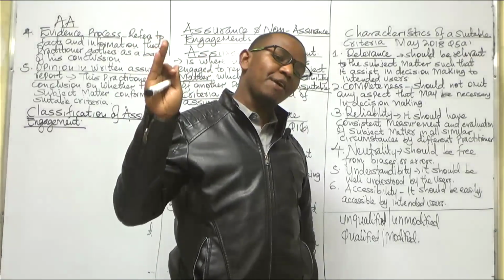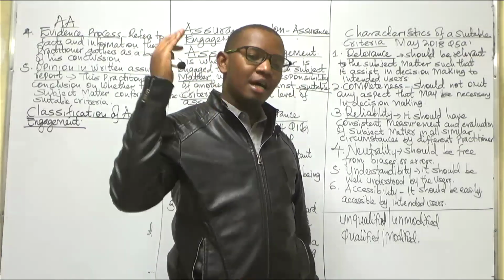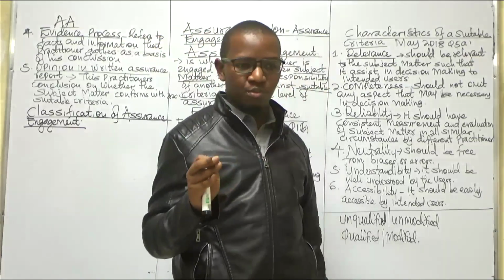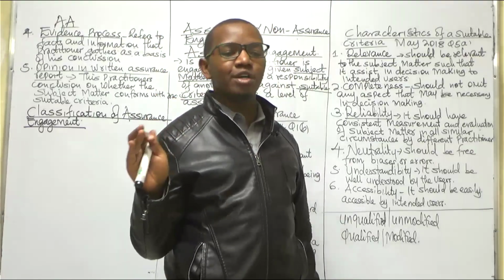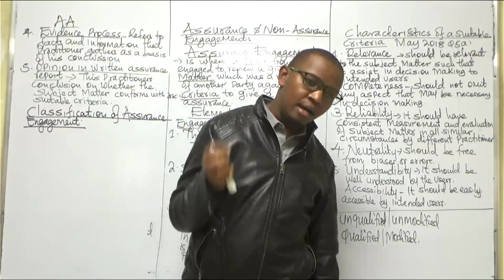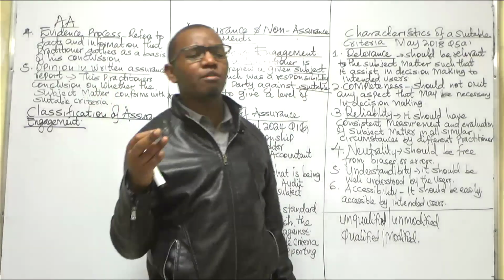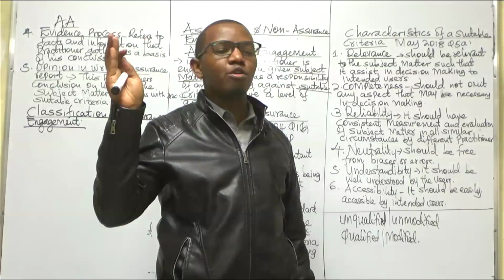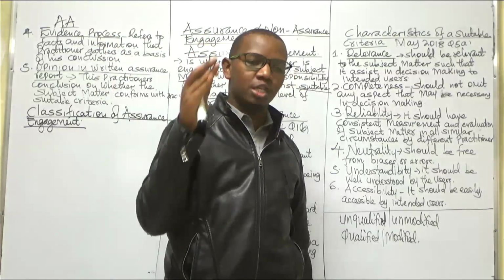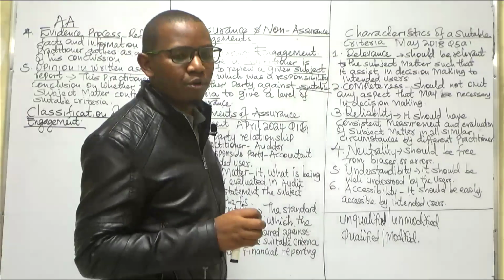We classify them as per the level of assurance, and number two is as per the structure of engagement. As per the level of assurance is where we have the reasonable and limited assurance. When we talk about the structure of engagement, is where we talk about the attestation engagement or the direct reporting engagement.